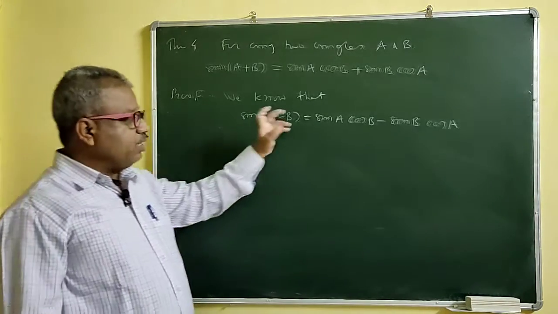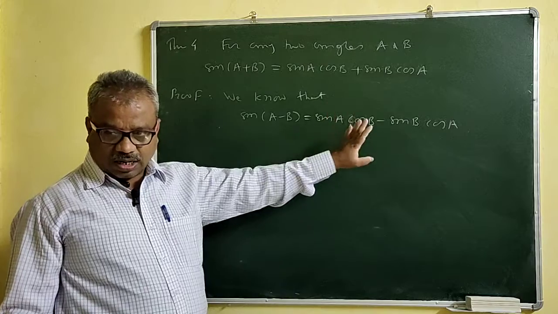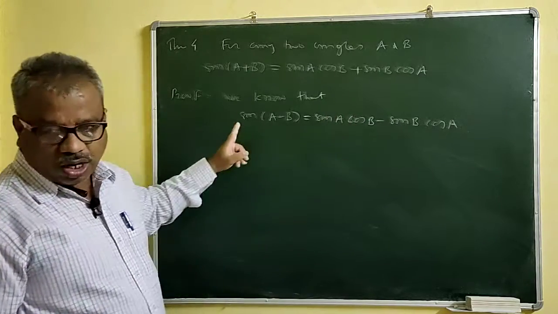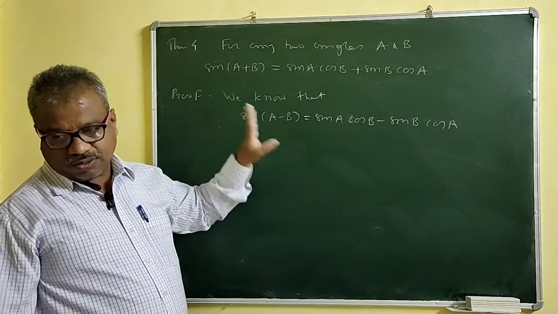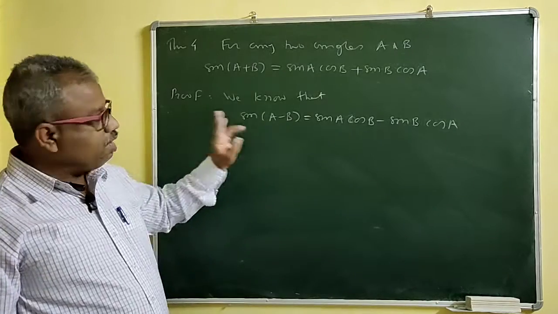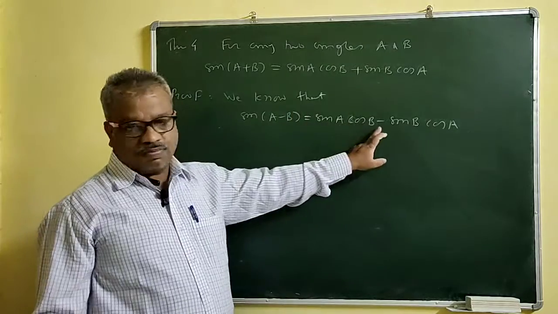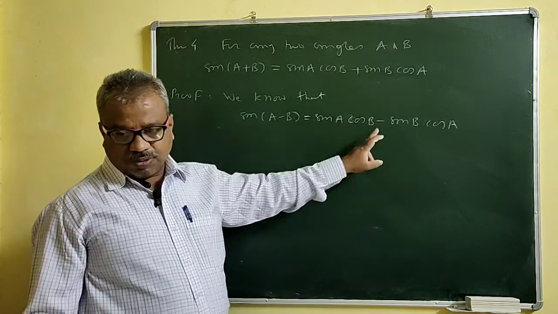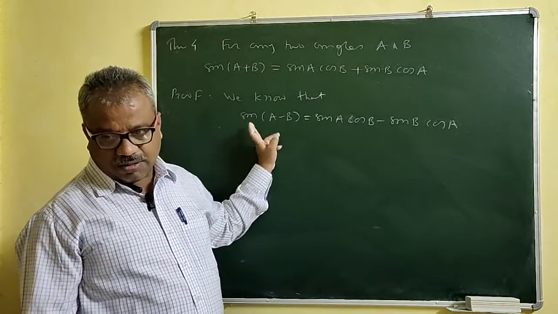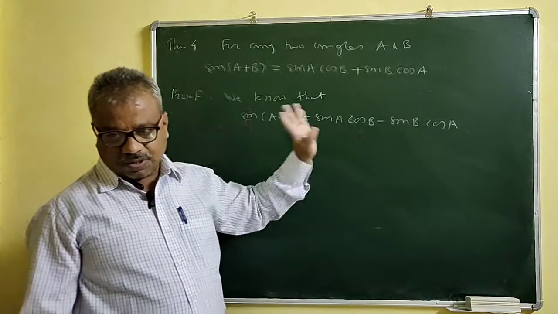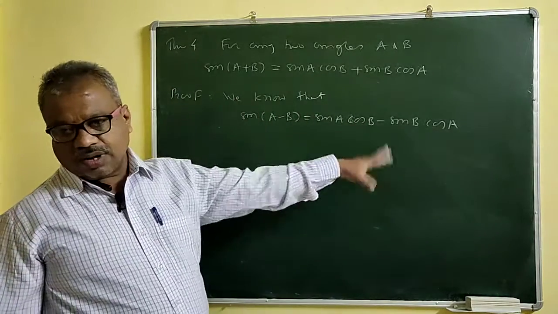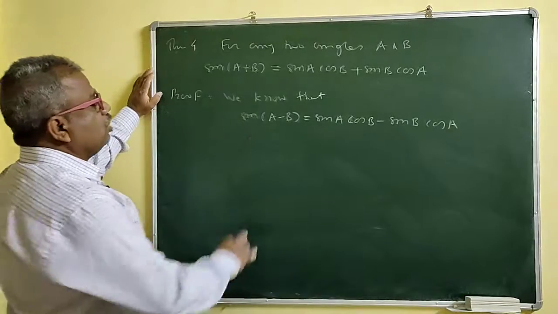Only I have to take care of the middle sign now. For sin, if there is minus, minus; if there is plus, plus. For cos, it is alternate now. If there is minus, you have to write the middle one as plus. If there is plus, then you have to write minus. Okay, so in this way you can remember this.